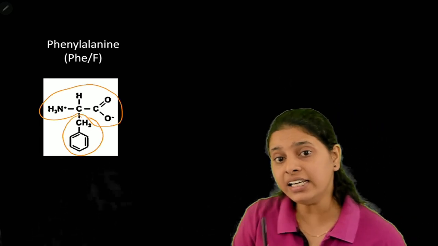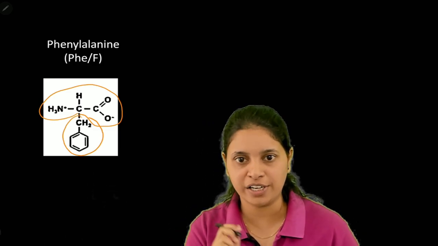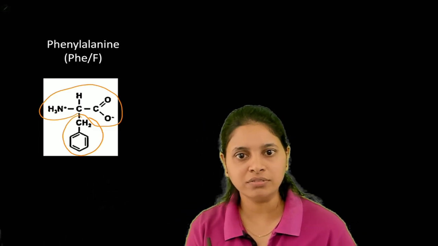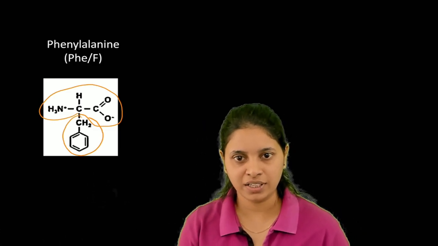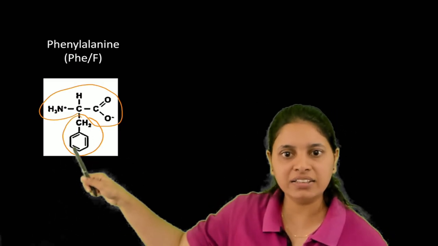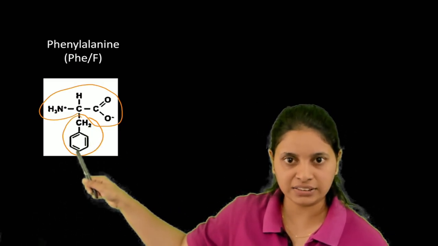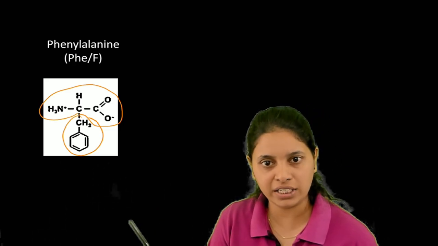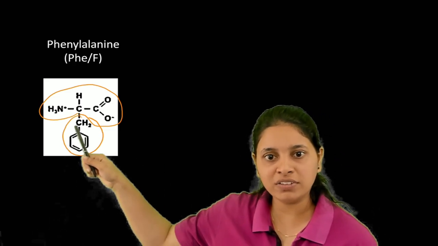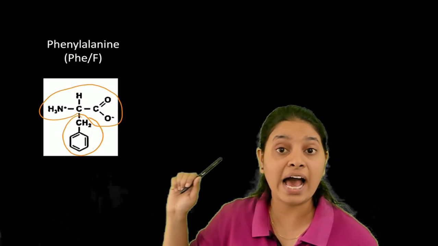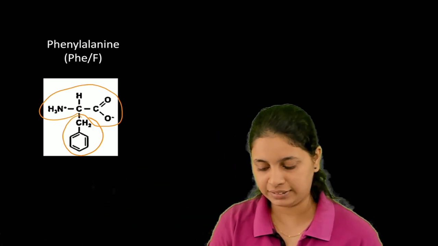In alanine, our side chain was CH3. Remove one H and attach a benzene ring. You can see the aromatic benzene ring over here. So the side chain is CH2 and a benzene ring attached. This is phenylalanine, okay? And as you have this benzene ring over here, this is an aromatic amino acid.